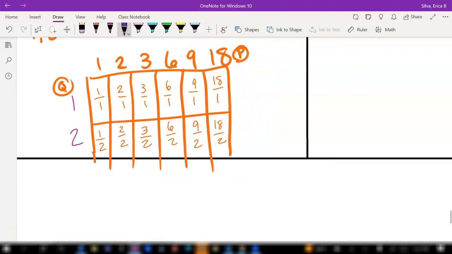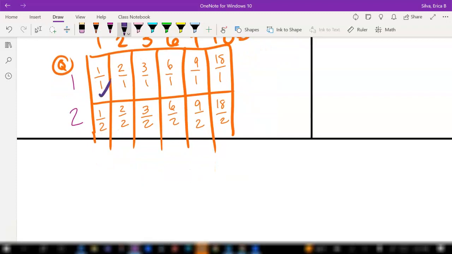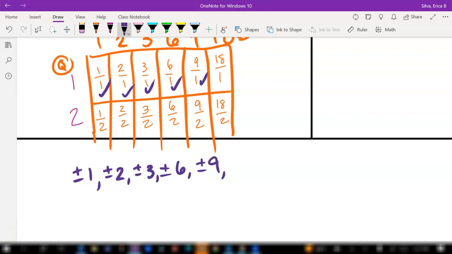Now simplify. So we look through each one. 1 divided by 1 is 1. So we have plus and minus 1. 2 divided by 1 is plus and minus 2, plus and minus 3, plus and minus 6, plus and minus 9, plus and minus 18.